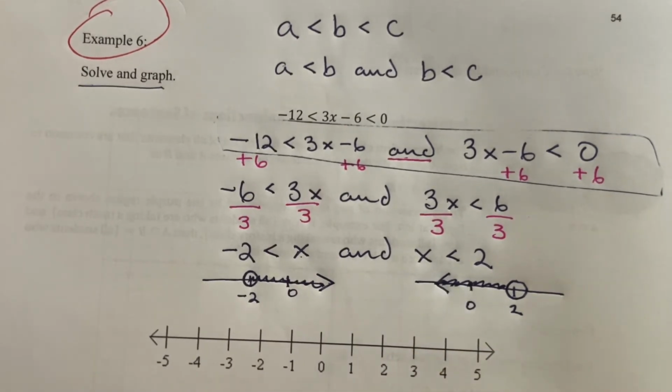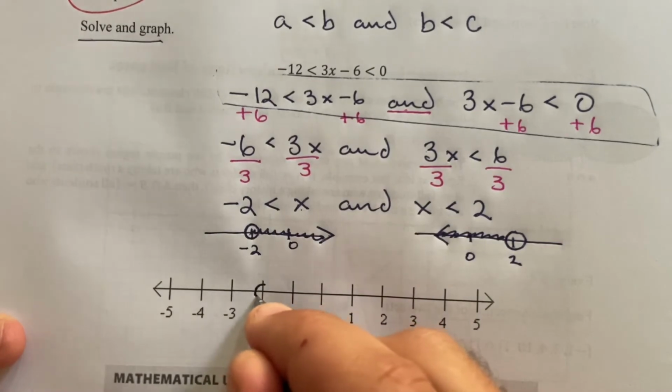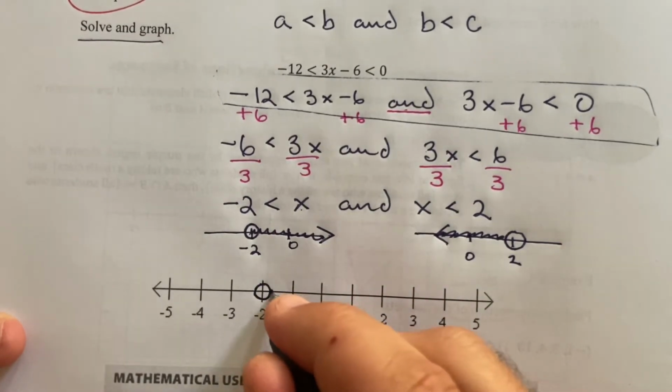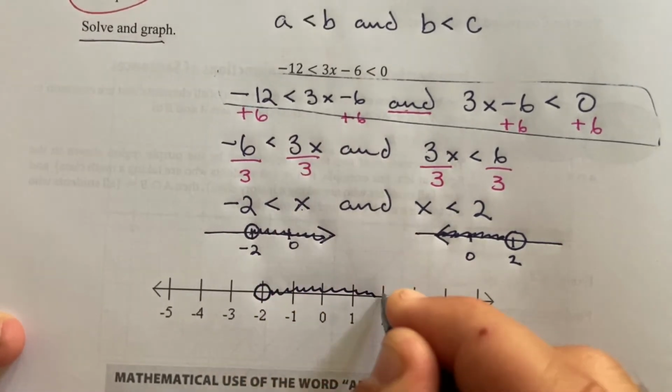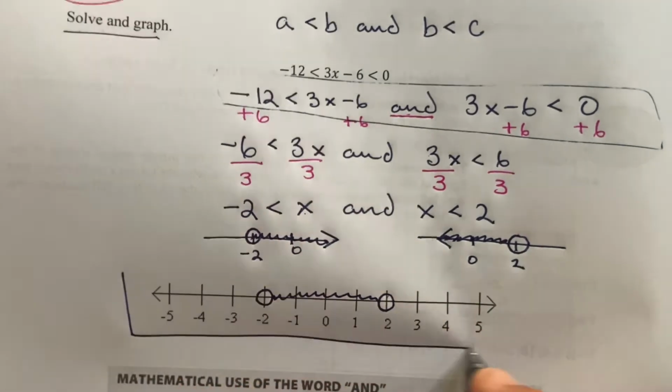So what numbers do that? So we would be going from negative 2, not including, and then all the way up to 2, and not including 2. This would be the graph of the solution.